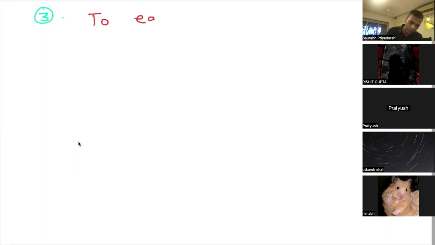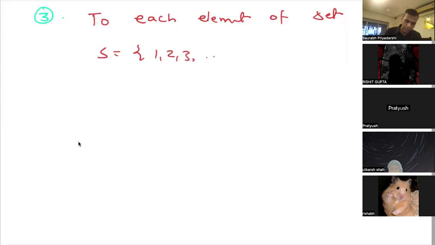To each element of set S, 1, 2, 3 up to 1000, a color is assigned.